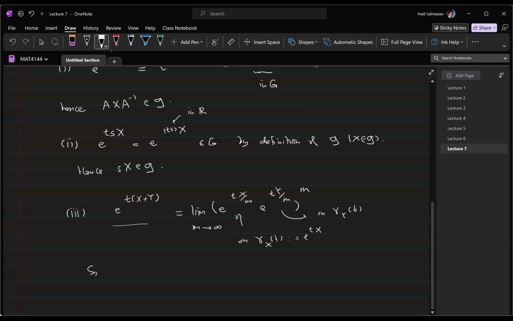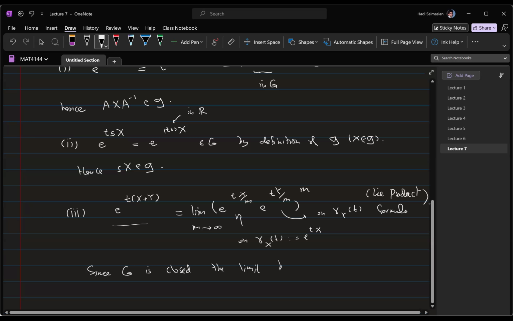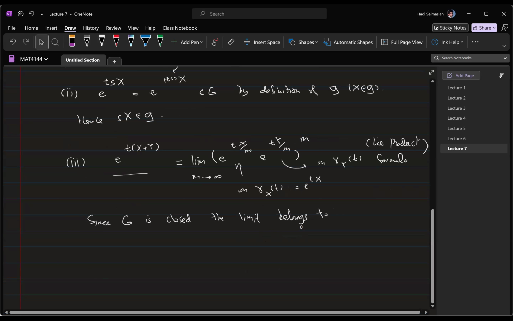So since G is closed, the limit, which we know exists by these theorems, maybe I should write like a Lie product formula, belongs to G. And now this implies that x plus y is in G. This is for every t.